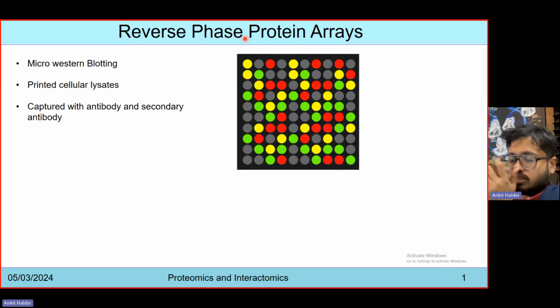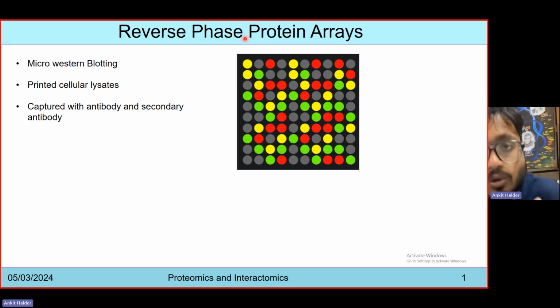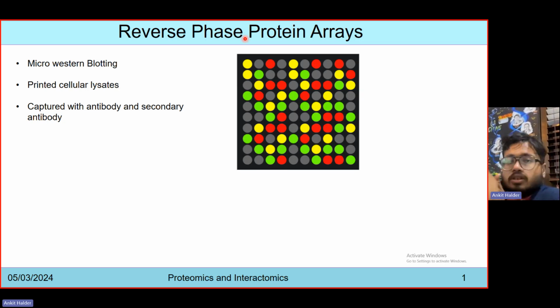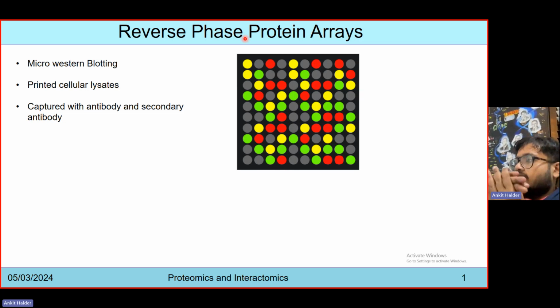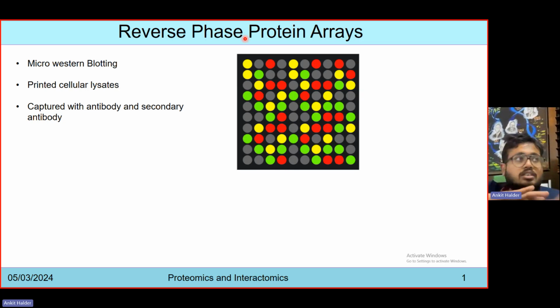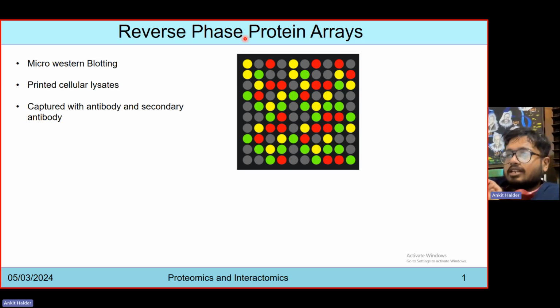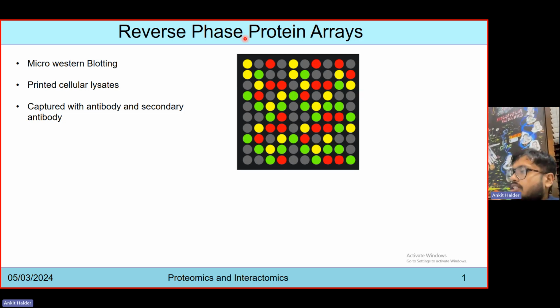We also looked into NAPA, which does not include the tedious process of expressing proteins and then purifying. In the reverse phase protein arrays, the major change is that the cell lysates are immobilized, and it does not require immobilizing any antibody or protein on the arrays.